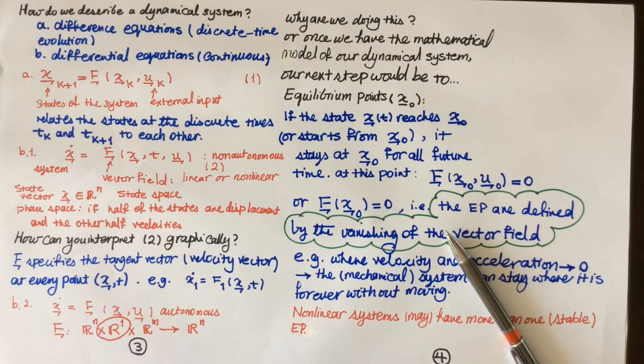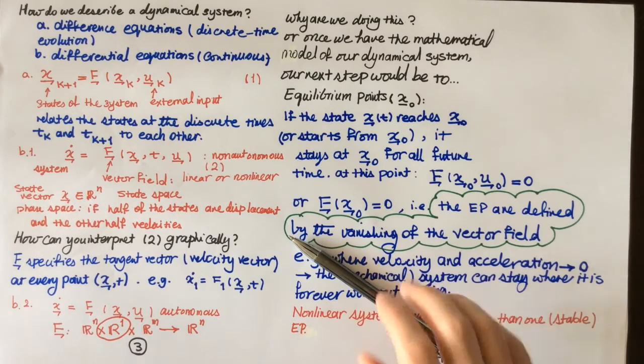If our spring mass system is forced using an external force, say cosine omega t, then cosine omega t, which is an explicit function of time, appears in your dynamic system, in your differential equations, and that's called a non-autonomous system. The non-autonomous system requires some external force to operate or to continue working.